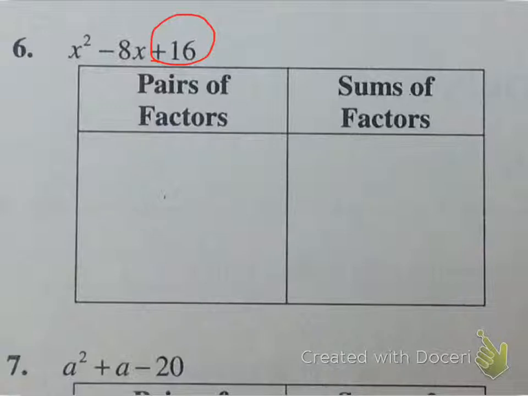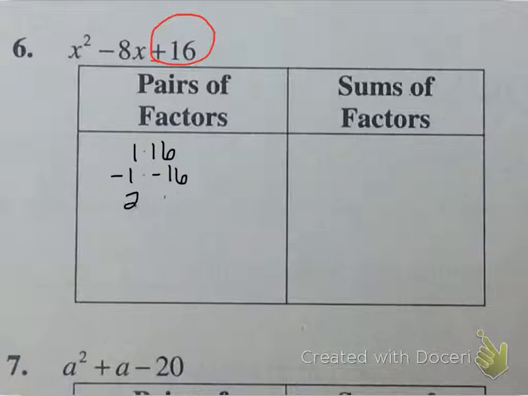So we need to look at factor pairs for 16, things that multiply together to get 16. What I like to do is just make a list. So we have 1 times 16. We could have negative 1 times negative 16, because a negative times a negative is positive.